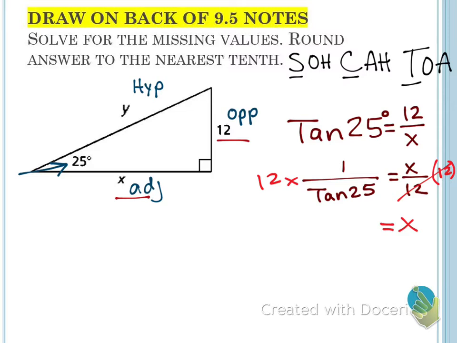What'd you get? 28.4. Did everyone get 28.4? Okay. Did anybody not get 28.4? Everyone got it? Did not get 28.4? Yes.